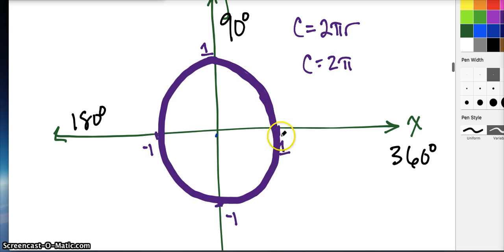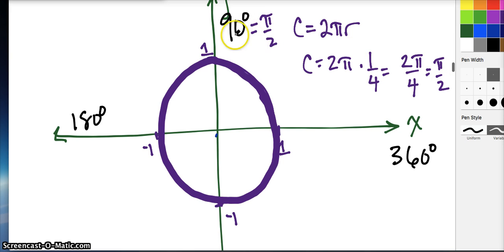All right, so now if I just wanted this portion, I only want 1/4 of 2 pi. So 1/4 of 2 pi is 2 pi over 4, which is pi over 2. So in radians, instead of saying 90 degrees, I'd say pi over 2.